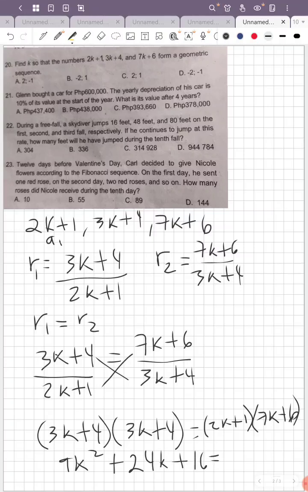This is equal to 2k times 7k, which is 14k squared. 2k times 6 is 12k, and 7k times 1 is 7k. 12k plus 7k is 19k. Then 1 times 6 is 6, so plus 6.